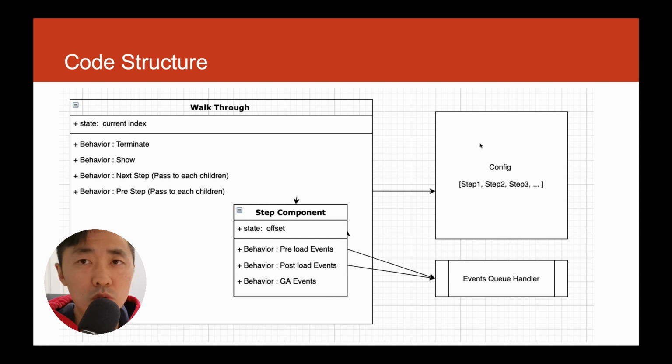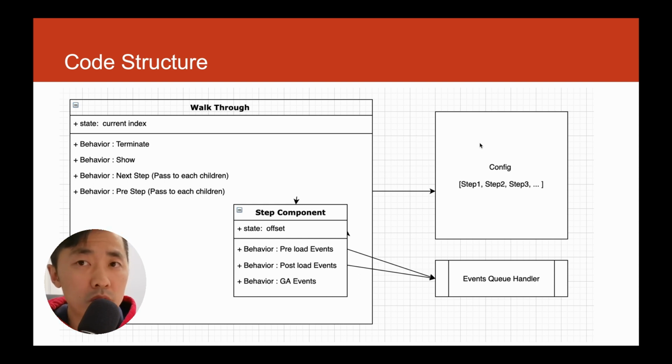The walkthrough.js component should be able to terminate, show itself, go to the next step by increasing the current step index by 1, or go to the previous step by decreasing the current index by 1. Of course, those methods need to be passed into the child components, so each step can call them.